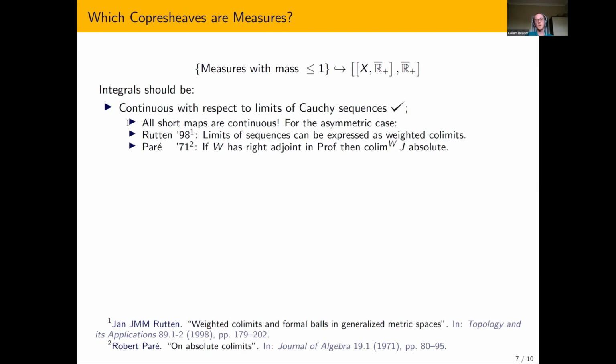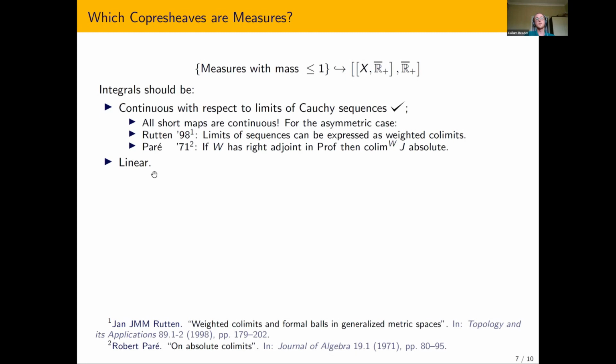And then a result by Bob Paré which says if W has a right adjoint, then any colimit weighted by it will be preserved by all functors. And so if you tweak this result by Rutten, you can show that the weight for the colimit is going to have a right adjoint as a profunctor, and so it's just preserved by every functor. So this is a way to avoid doing the analysis by just using these abstract category theoretic results.